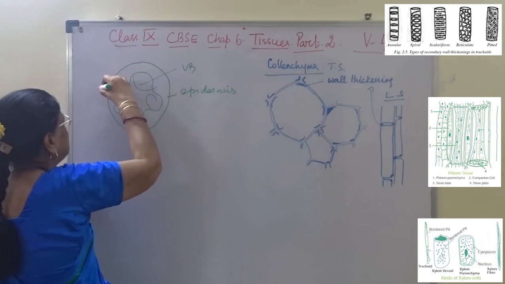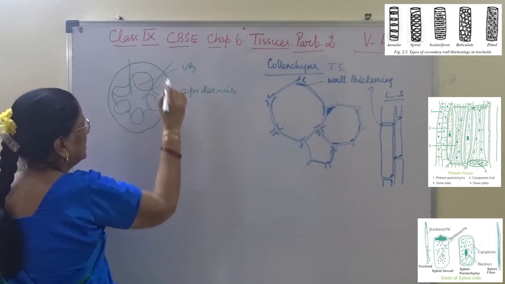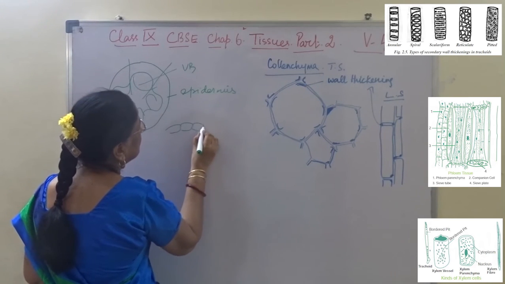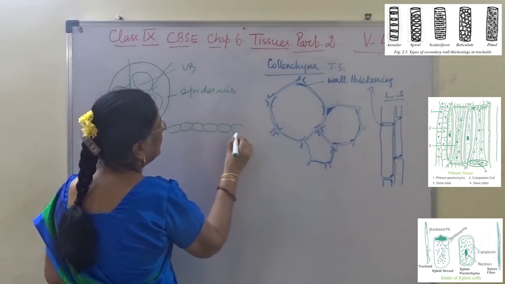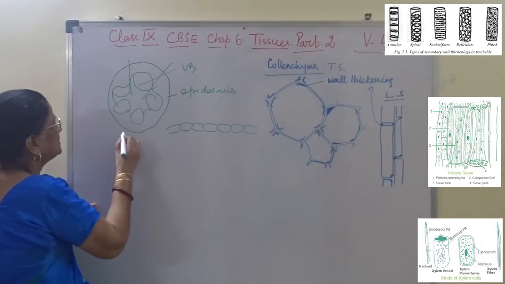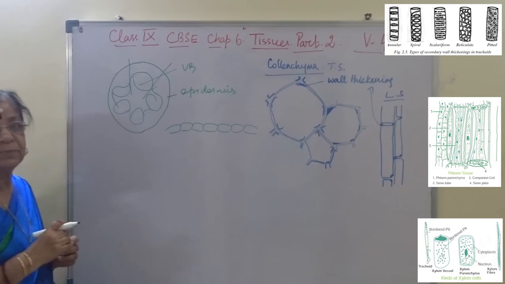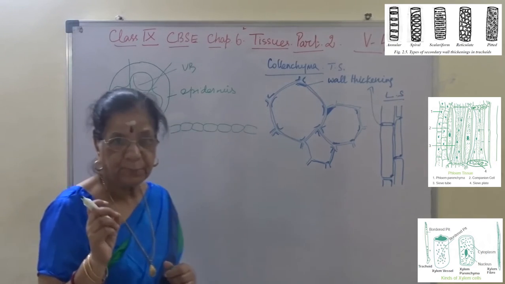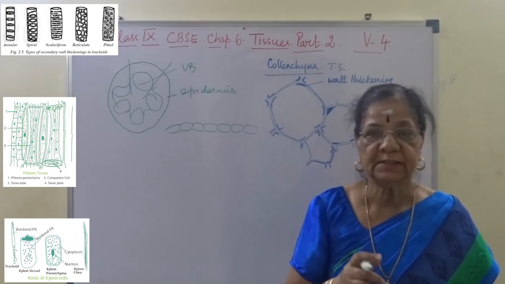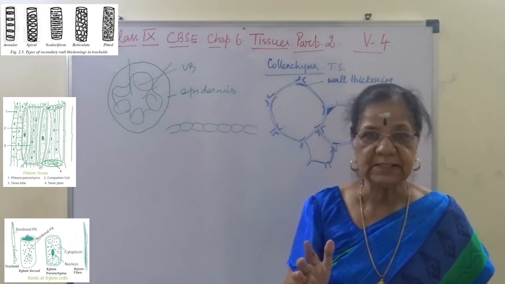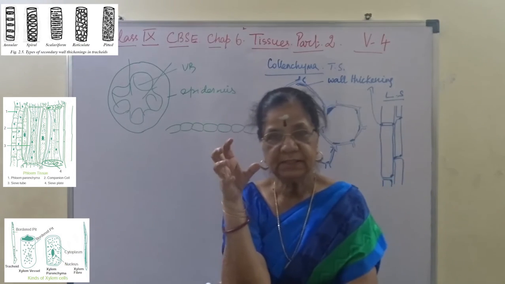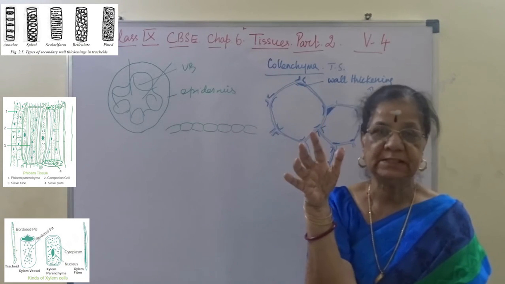When we enlarge this portion, it will have a structure like this. The epidermis is the outermost layer, formed of compactly arranged rectangular cells.